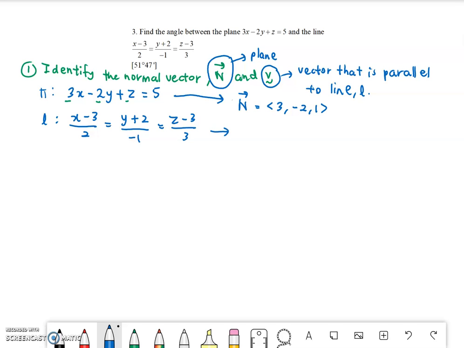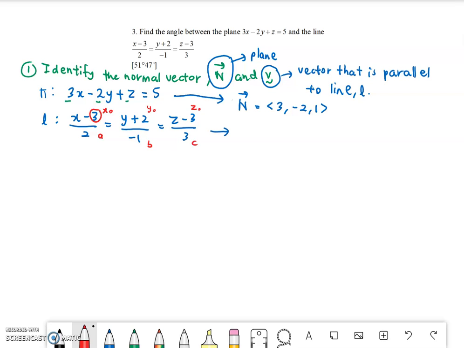And then we know that this is the equation of a line. For the equation of a line, we know that x minus x naught divided by a, y minus y naught divided by b, equals z minus z naught divided by c.